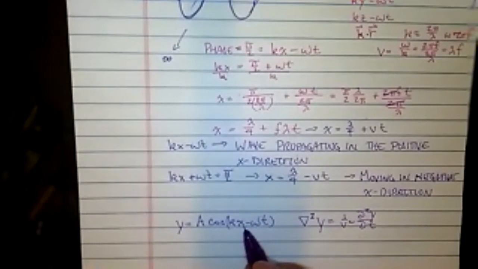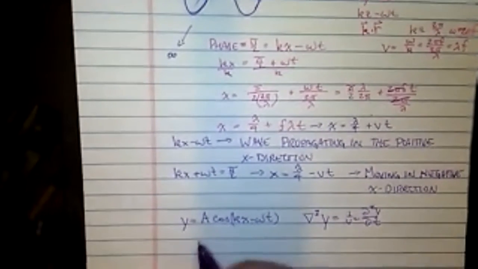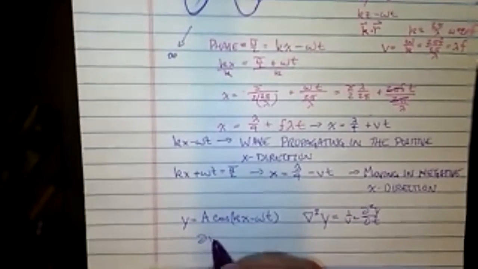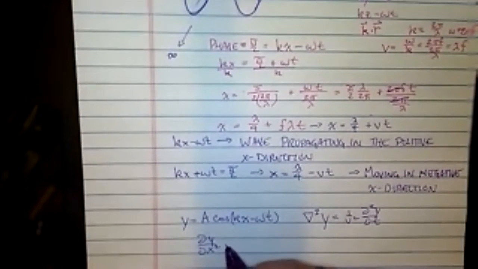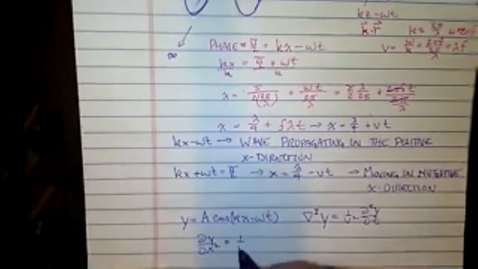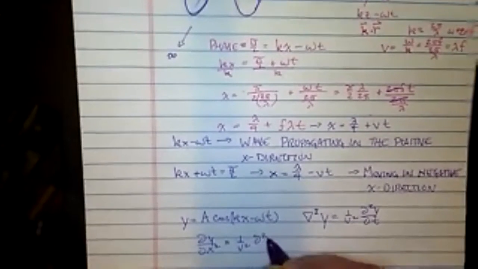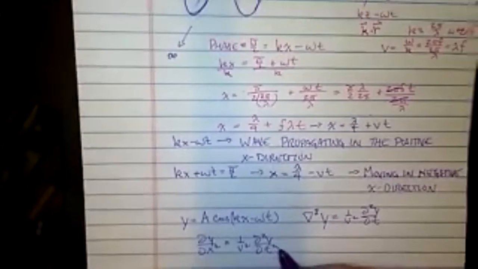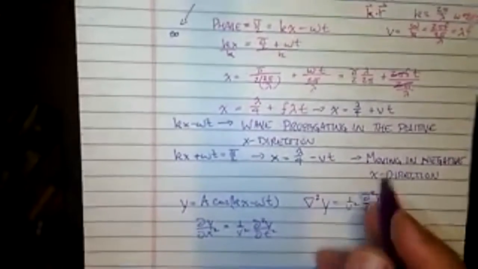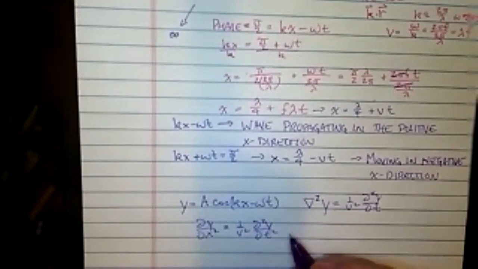But in this case, we really only have it in the x direction. So I can just write the second partial of y with respect to x squared is equal to 1 over v squared times the second partial y with respect to t squared. That's really a wave equation. That's the typical form of a wave equation.